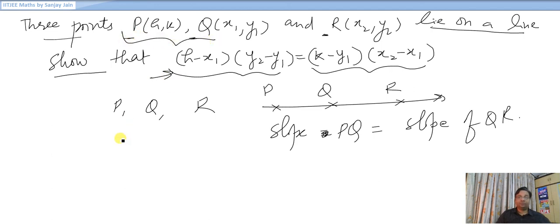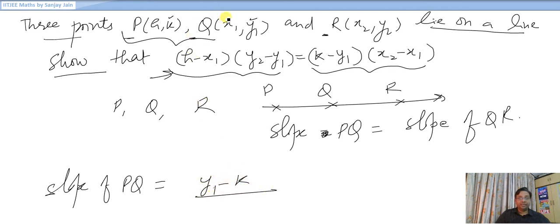So slope of PQ will be equal to y1 minus k divided by x1 minus h, sorry, and it is equal to slope of QR, that is y2 minus y1 divided by x2 minus x1, right?